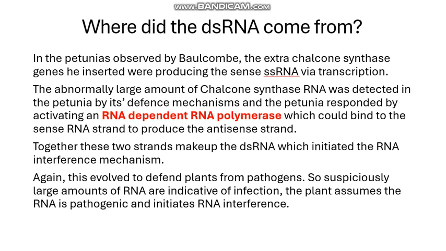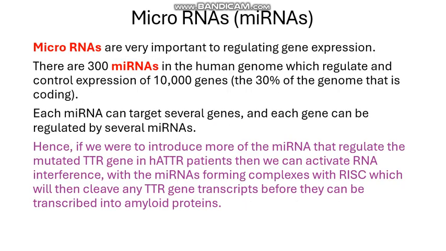That's going to get cleaved by Dicer to produce our microRNAs that are complementary to the mRNA that we want to get rid of and cleave because we think it might be pathogenic. So yeah, Dicer cuts the double-stranded RNA into the microRNAs, or they may still be small interfering RNAs in humans.